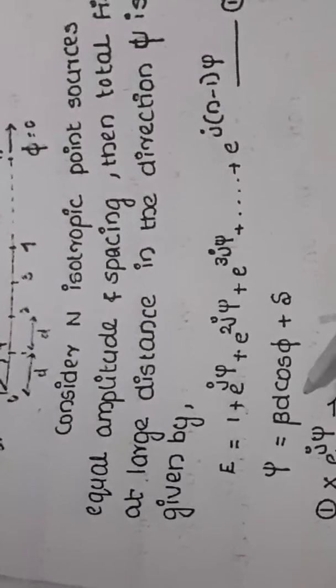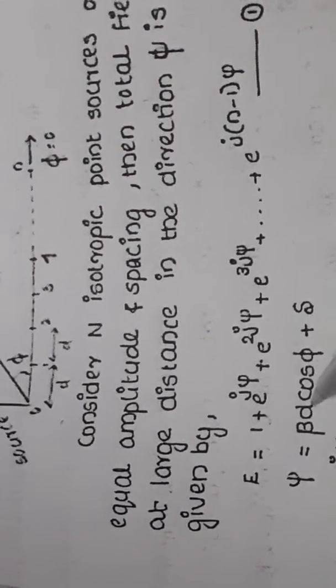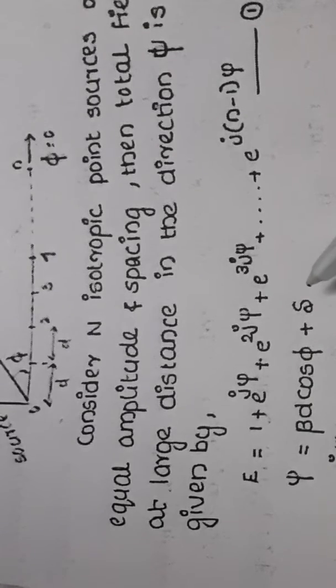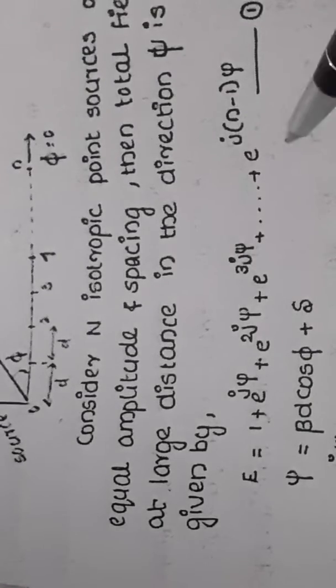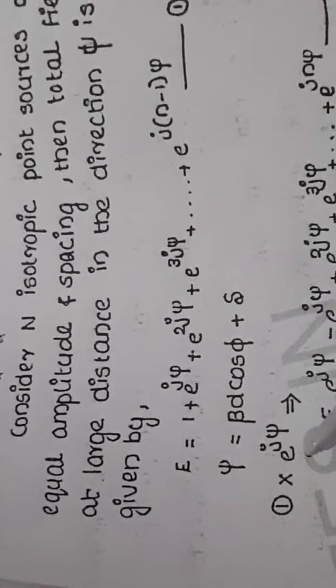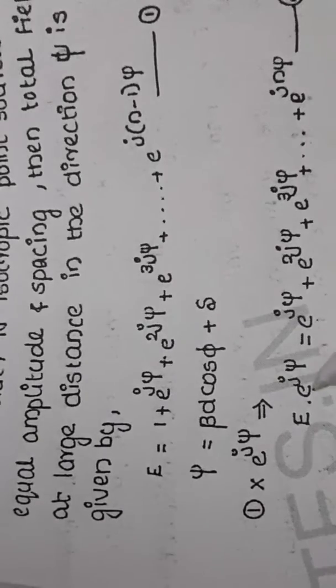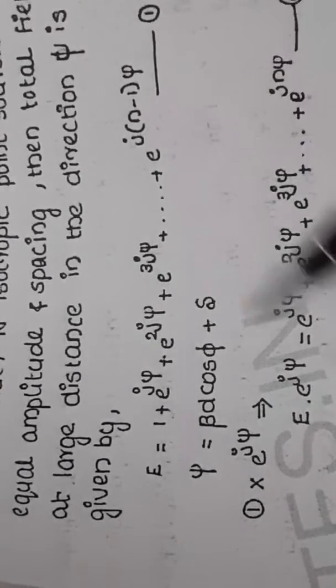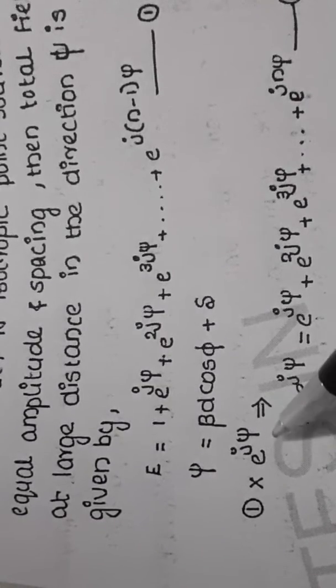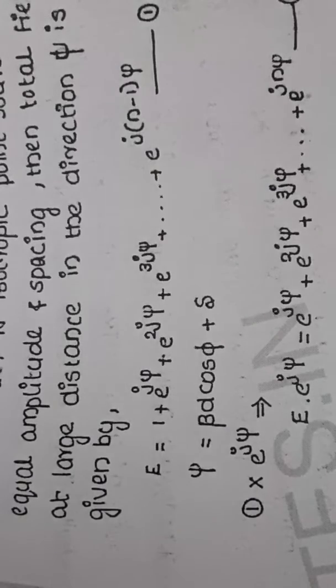Now psi is equal to beta d cos phi plus delta, but here we take delta, the phase difference, equal to 0. Now multiply by e power j psi. E into e power j psi, from equation 1, means e power j psi should be multiplied on both sides of equation 1.